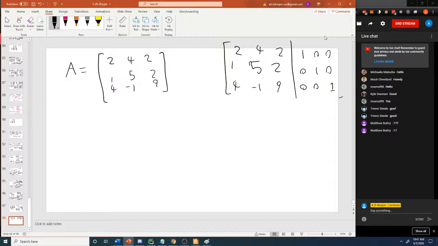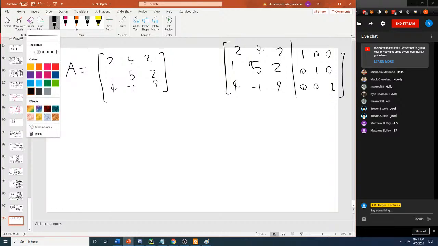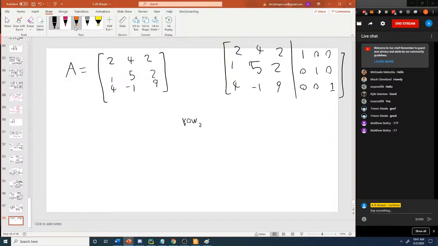So the first thing we'll do is set row 2 to be equal to row 2 minus 1/2 row 1.